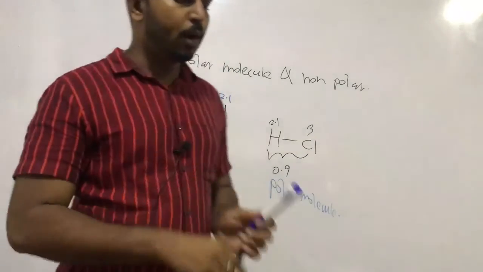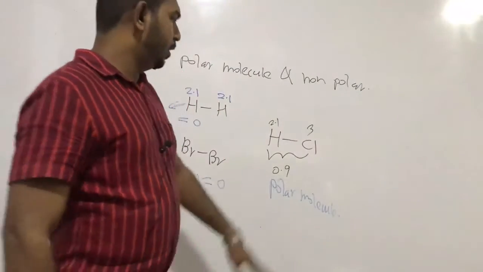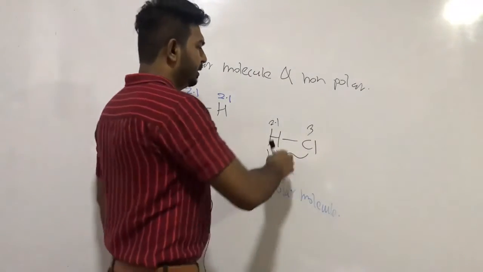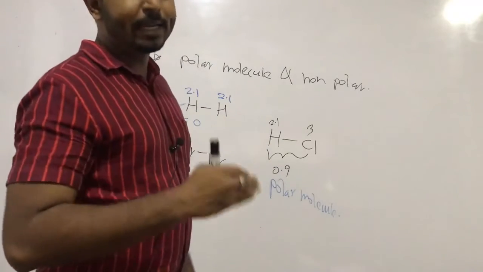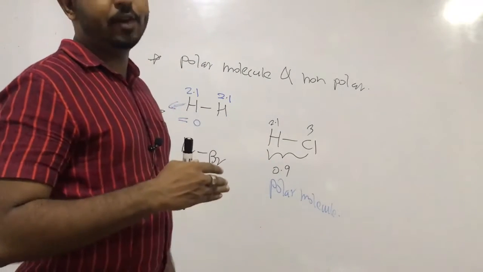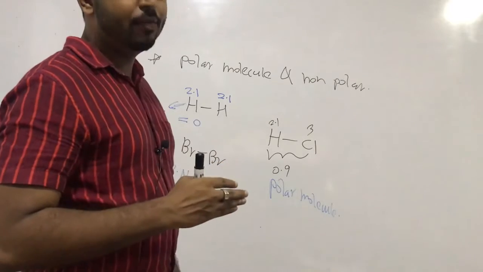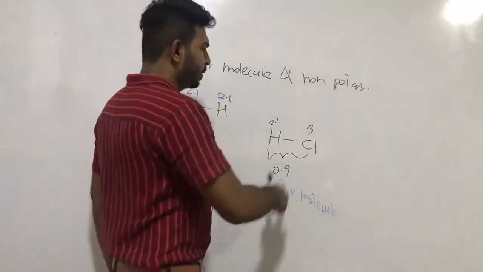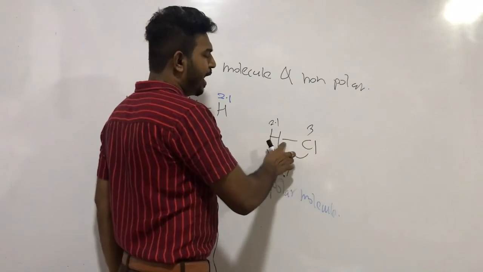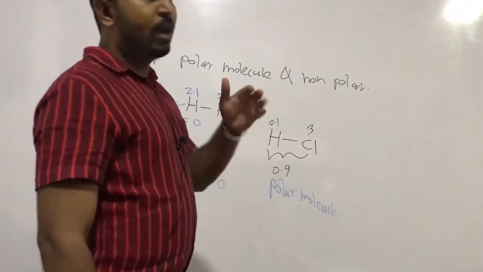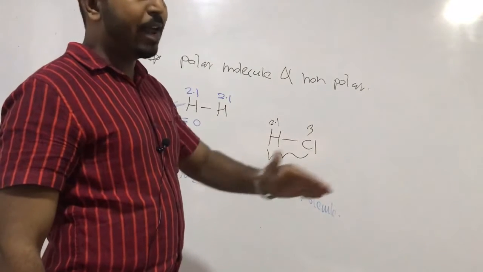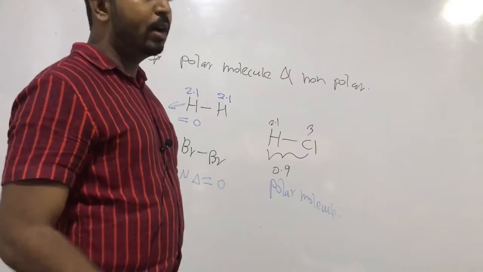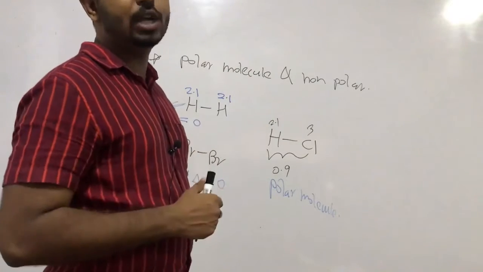We call these polar molecules since, when there is an electronegativity difference, the more electronegative atom can attract electrons in the bond towards itself. So this chlorine can attract these two electrons. When an electronegative atom attracts electrons towards itself, it will have a very small negative charge.